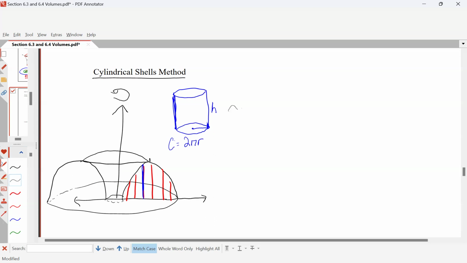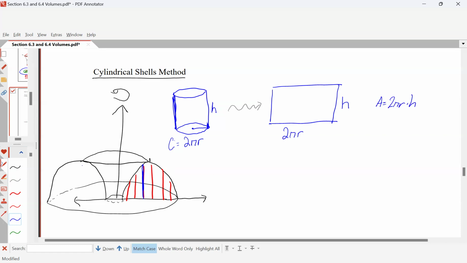And if I unrolled this piece of paper, I'd be getting a flat surface. The base is that 2 pi r distance, and the height is the same height. And the area would then be 2 pi r times h.